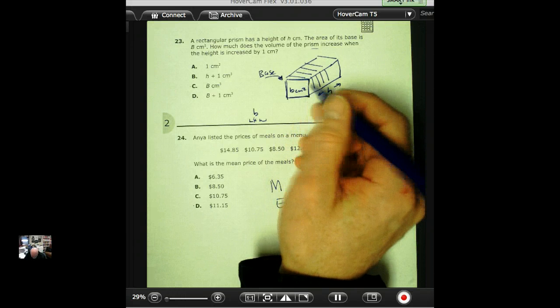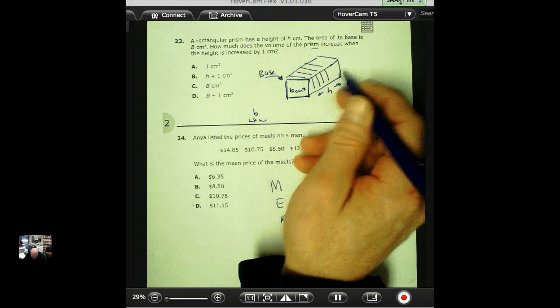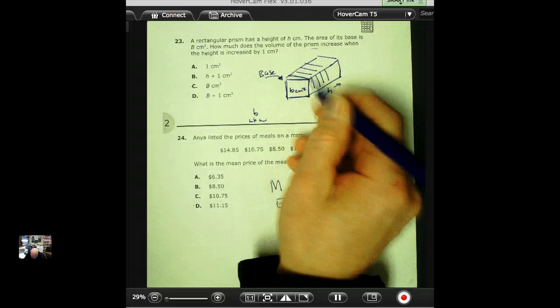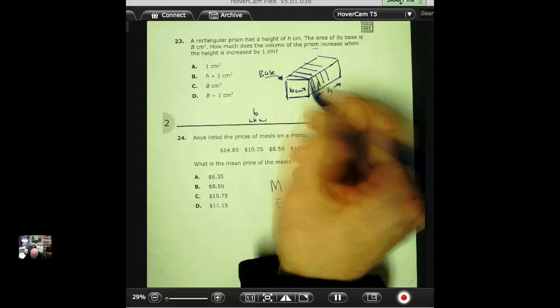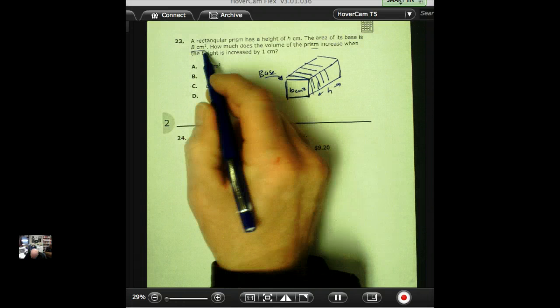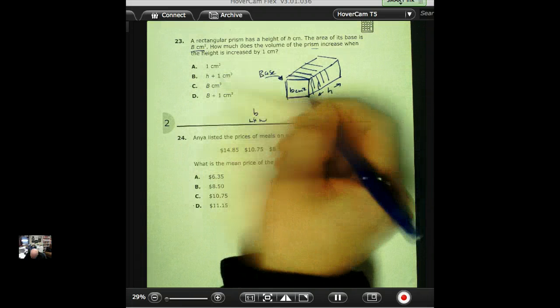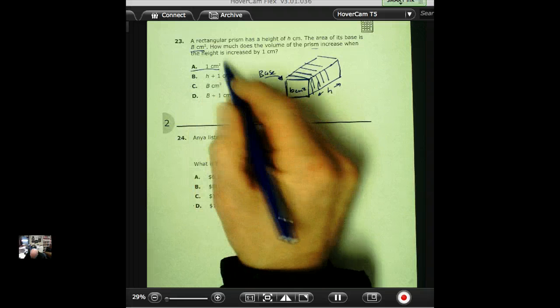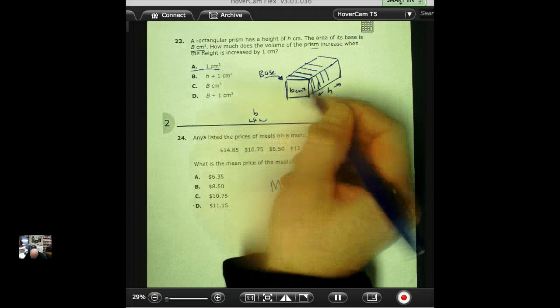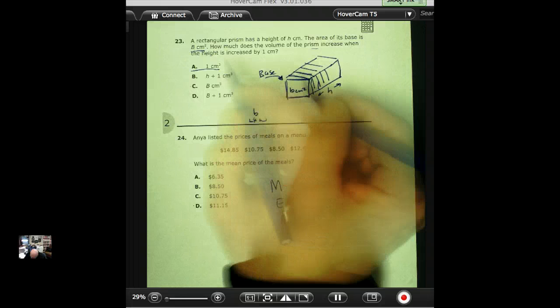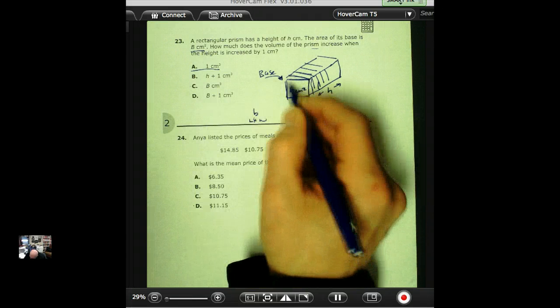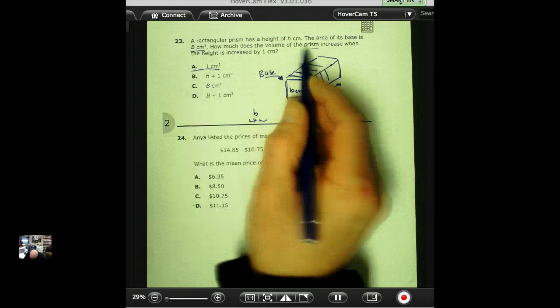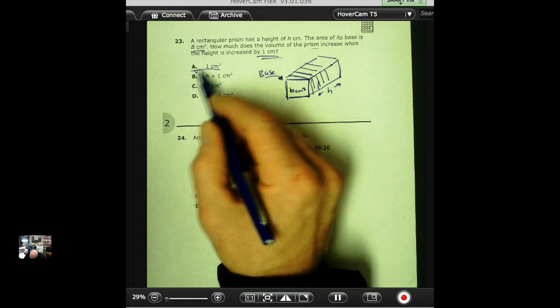I want you to think of a rectangular prism as a cake. If each layer of that cake is 1 centimeter, then when we take b centimeters squared times 1 centimeter, it would be whatever that is. Here's my 1 centimeter up here. When it increases by 1 centimeter, I underlined the wrong thing.